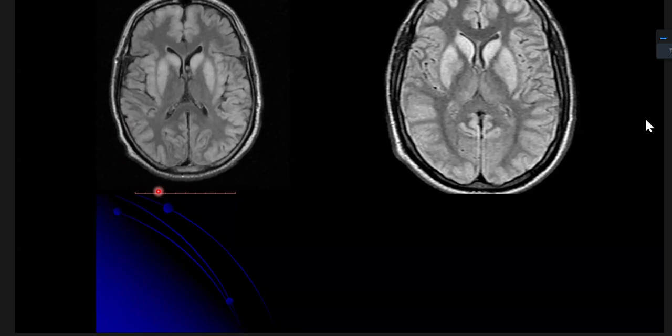So tell me, these are two images. What is the difference between the two images? Only one difference: here the thalamus is involved, here the thalamus is not involved, correct? So basically, when there is involvement of the occipital lobes, the probability of hepatic hyperammonemic encephalopathy is almost ruled out. Then you come to the DDs of hypoxic ischemic insult and hypoglycemic insult.